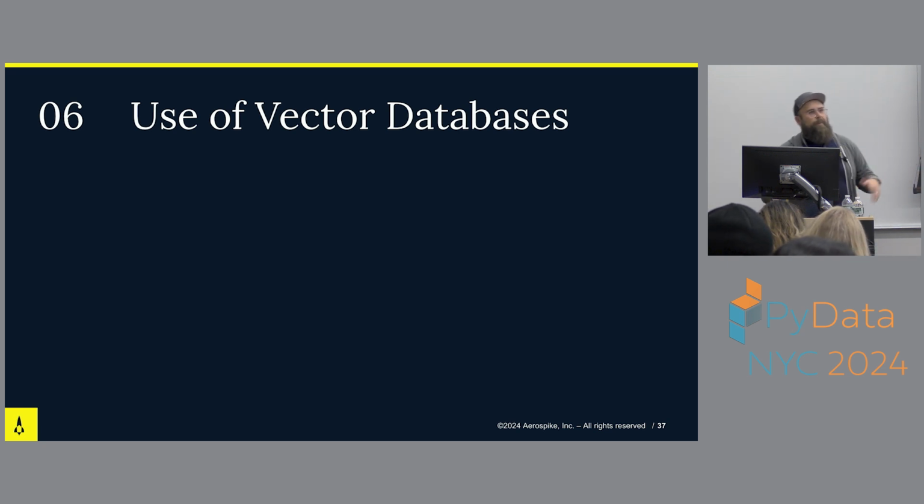So same performance that you would get from, let's say, Pinecone in memory, we can do right there on a solid state drive. But if I'm doing something that's specifically vector, all I care about is vector, then I'm probably going to go to something like a Pinecone or Weaviate or whatever.